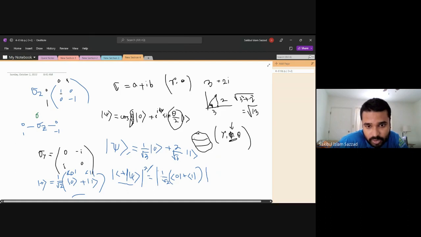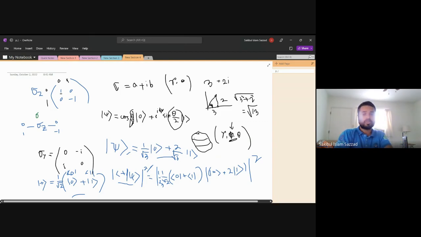I can write this 1 over square root of 3 in here so that all the unnecessary things come out. Sorry for my bad handwriting. This is ket 0, the state I'm writing, plus 2 ket 1. There is a first bracket, so there is a modulus, then there is a whole square.